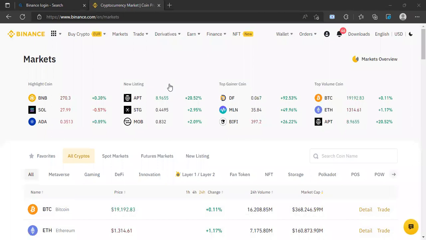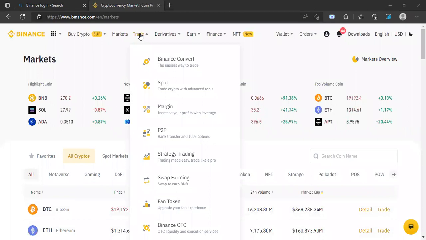If you go here to market and then to trade, you see where it says trade next to this. Okay, perfect. Go down just a little bit. Spot or margin, P2P, which one? Go to spot.